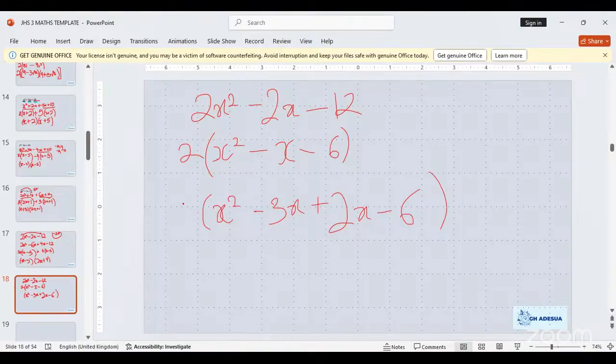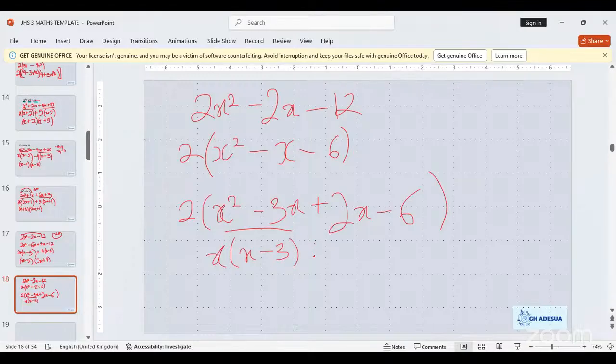Still your 2 will be hanging outside there. Then I had x bracket open, x minus 3. So for the first pair, you would bring x out, right? Yes. So that's x minus 3.